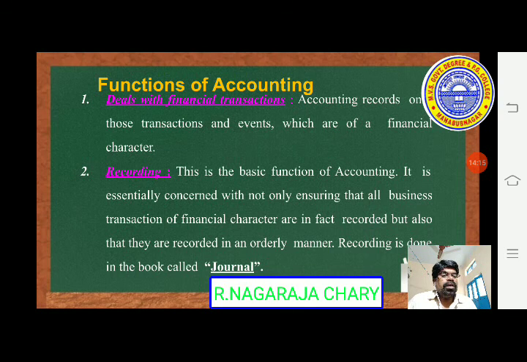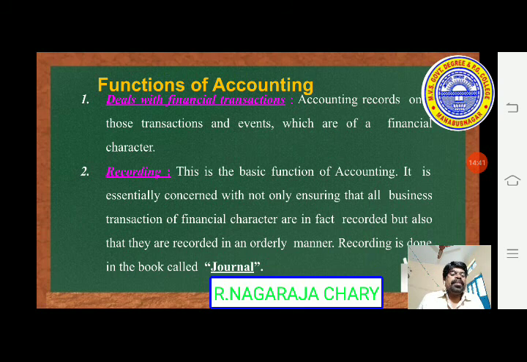In that journal, we have to record the transactions in an orderly manner, in chronological order. What is the meaning of chronological? Day by day. If you take a day, there may be 10 transactions. After completing one transaction, the other transaction may be done.